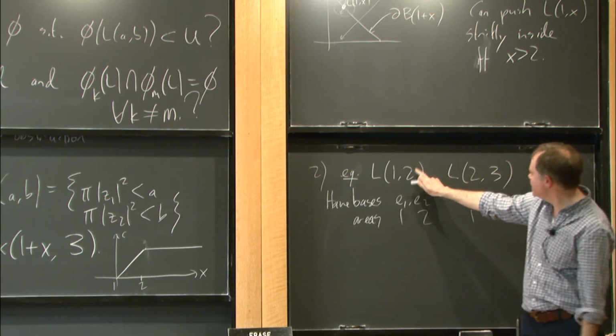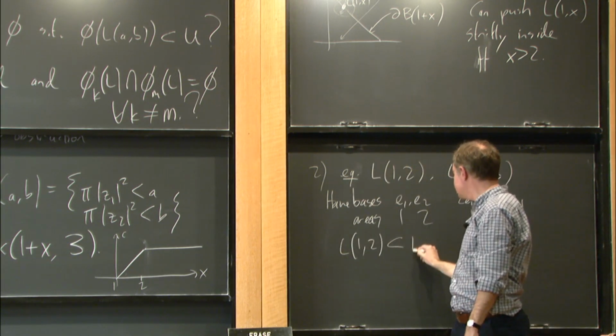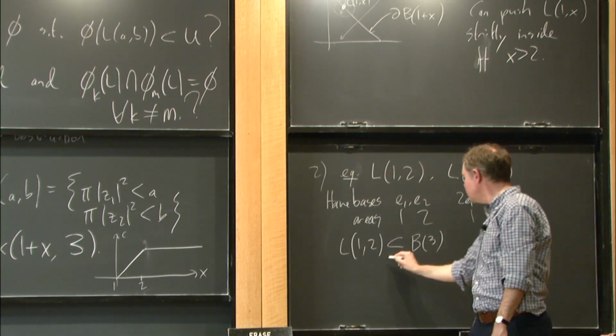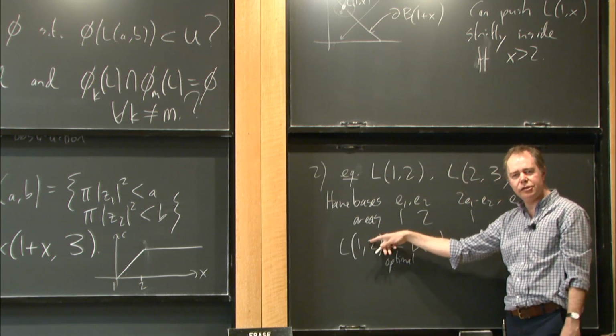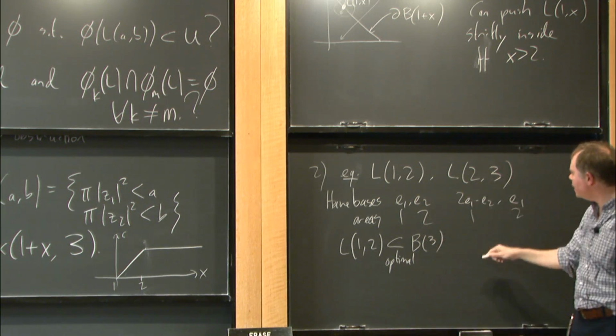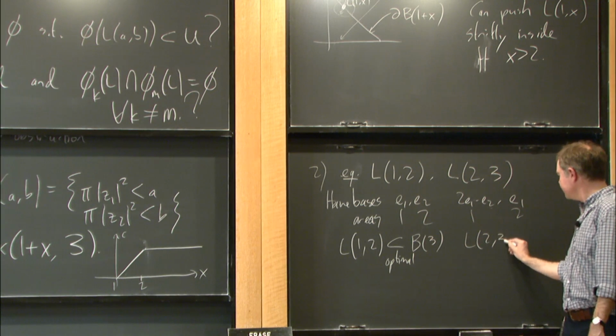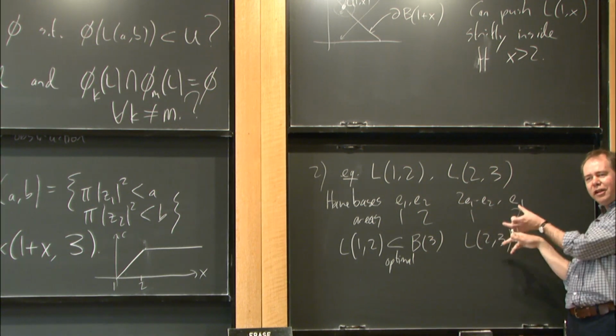And in fact, L(1,2) sits inside B3. That's optimal, because x is less than or equal to 2, so I can't squeeze this inside. But if you go here, L(2,3), well, it's basically a rescaling of L(1,1.5).